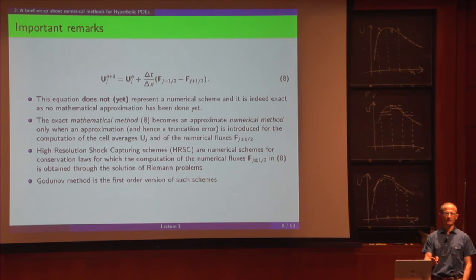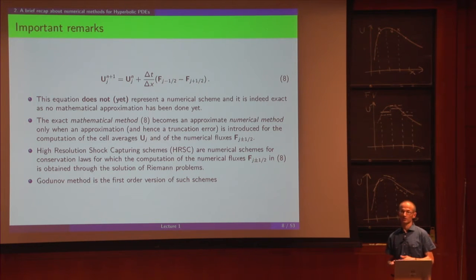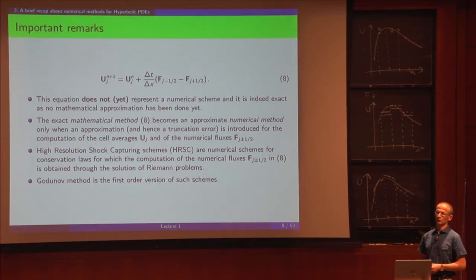And you understand that the computation of these fluxes can be problematic because they are at the interface of two cells. So they will depend on quantities from the left and from the right, which are in general different. So how do we, this is the old business after all, how do we compute a consistent flux?